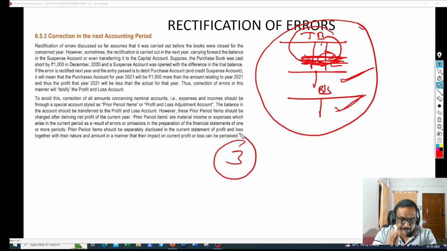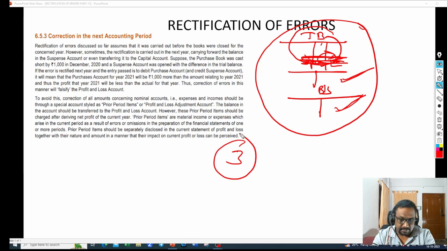So what is your conclusion here? If at all any errors are identified after preparing trial balance and final accounts, the difference would have been there in the suspense account, and the suspense account balance was not resolved in the previous year. That has been carried forward to next year. That is the assumption you need to take here.